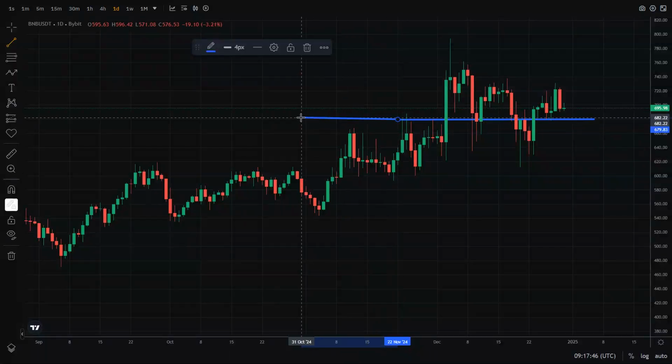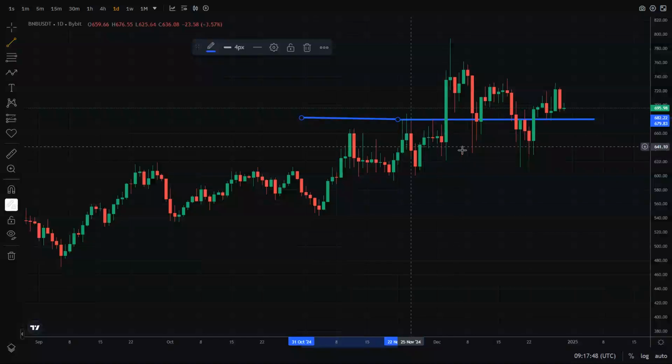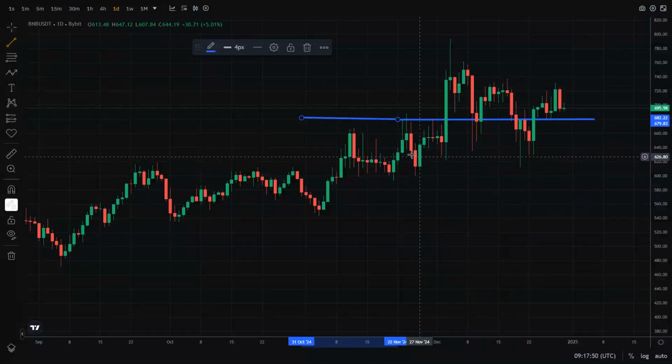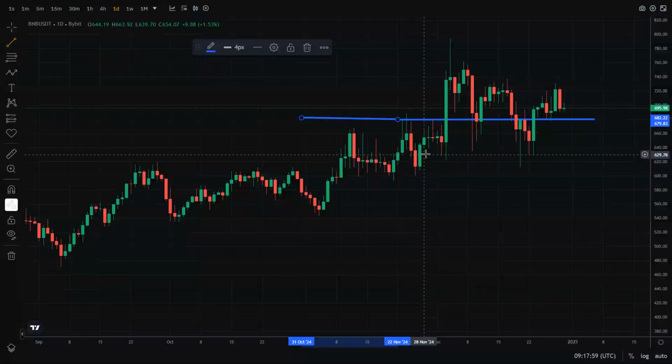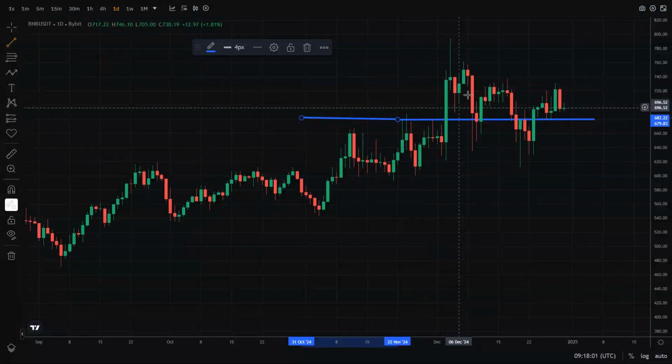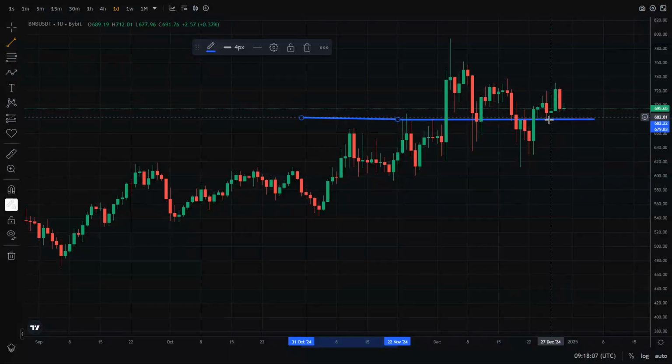All right. So in order to get your support and your resistance level, remember these are levels where the price reacts multiple times. An example of the reaction is this. You can see this is an imperfect reaction. It reacts to it, goes down, reacts to it, comes down, reacts to it, comes down. Then you see it reacts to it, it goes up, reacts to it now. This is another level of reaction. Then it becomes a support around this level.